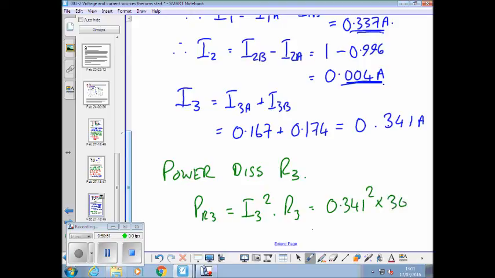Push the buttons, please. 3.48. Units? Power, watts.